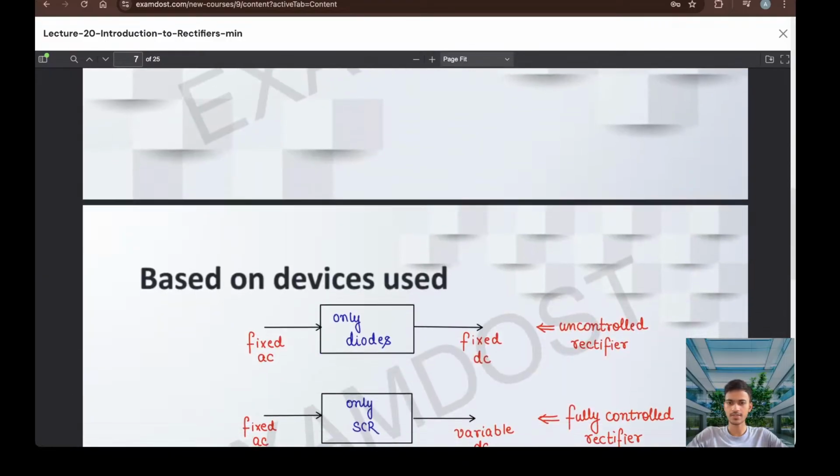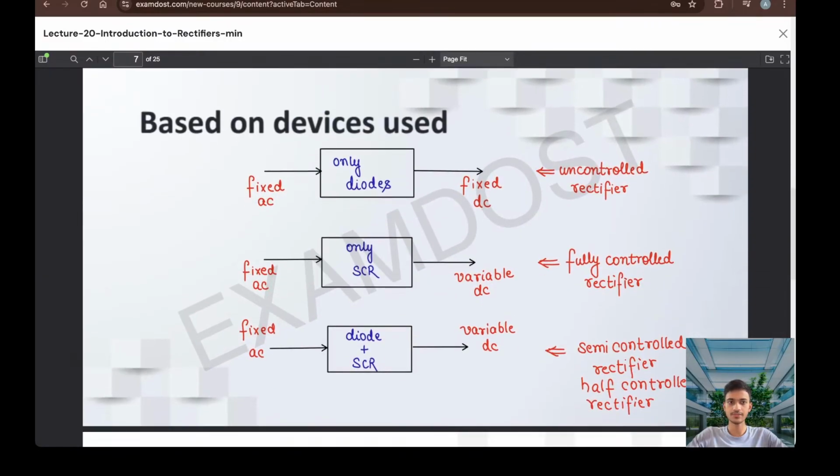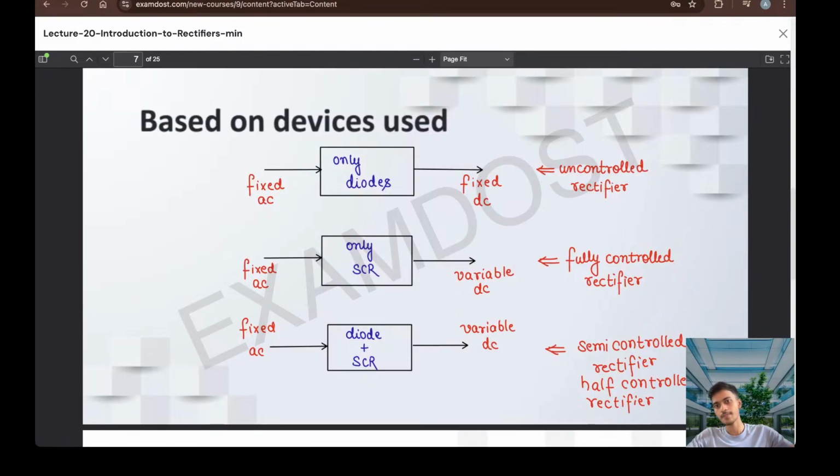Classification based on the devices used. If you use only diodes, then it is an uncontrolled rectifier. That means you can't control it. Fixed AC gives fixed DC, the controlling part is not in your hand. If you use only SCRs, you can control it, so it is a fully controlled rectifier.